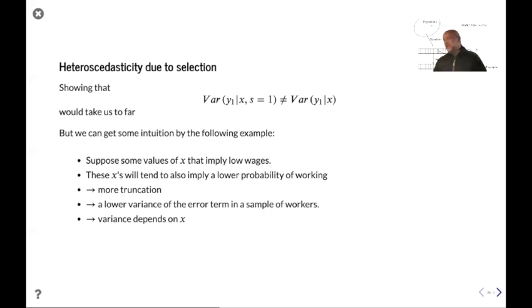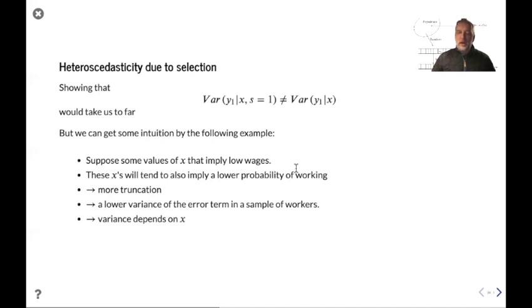This means that the variance clearly depends on X, the factors that explain why people would get those low wages. So once you derive the variance conditional on selection, you're going to get potentially lower variance in this particular example, a variance that depends on X, and that's heteroscedasticity.